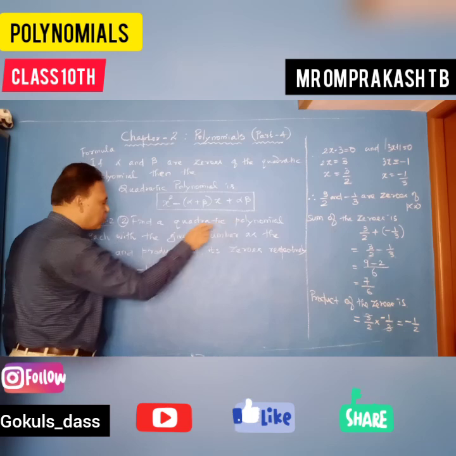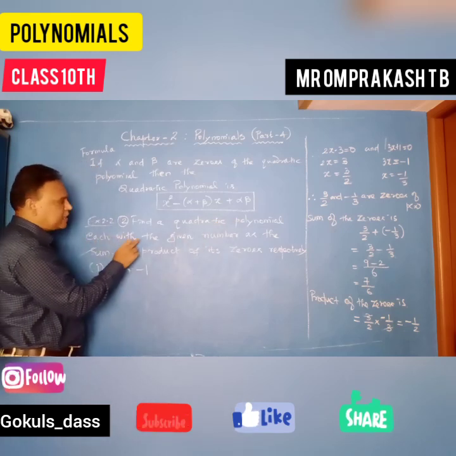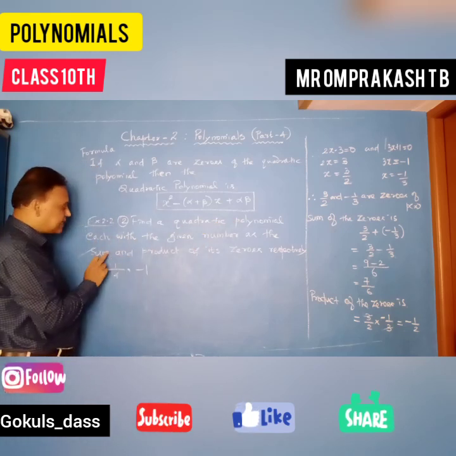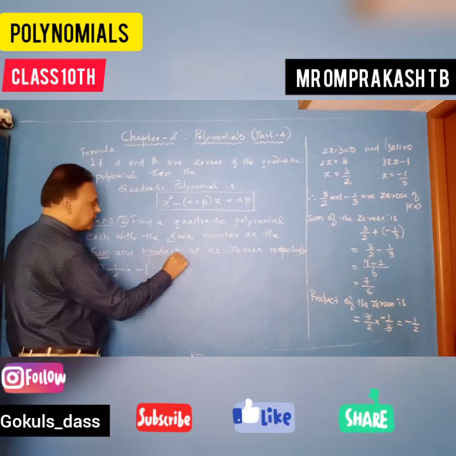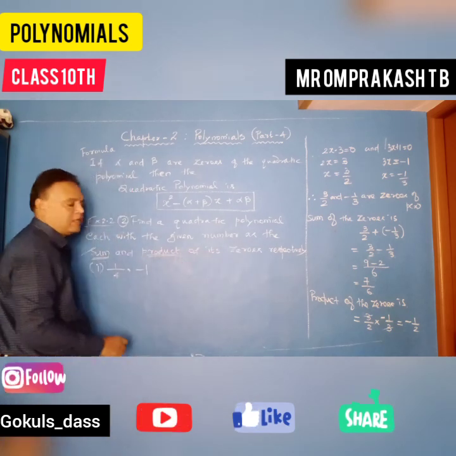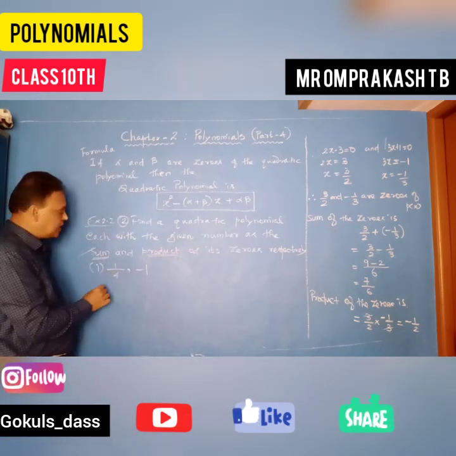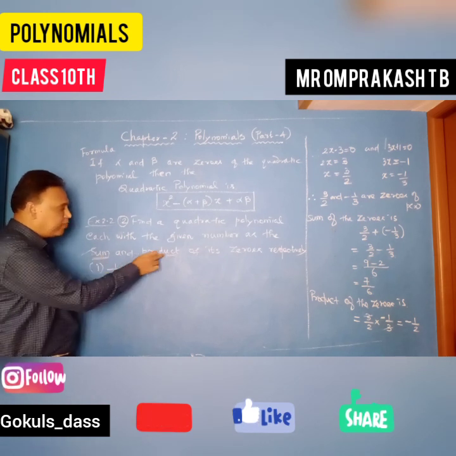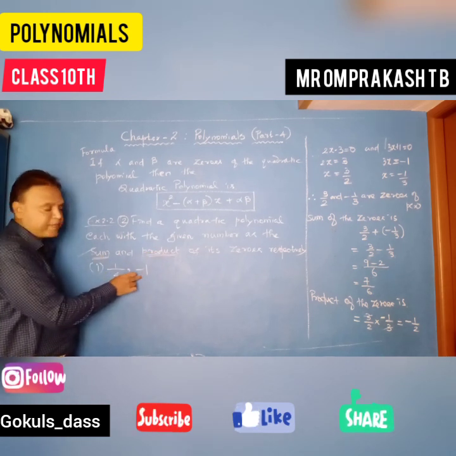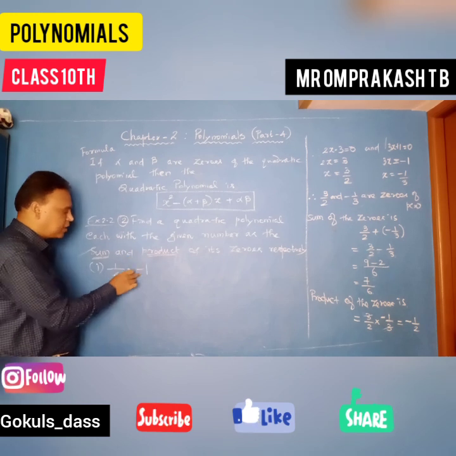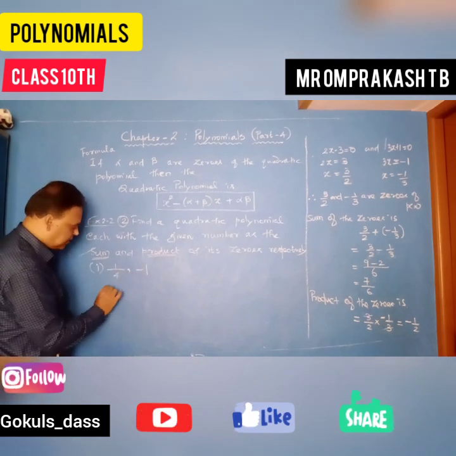Find a quadratic polynomial each with the given number as the sum and product of its zeros respectively. So that means the sum is given and the product is given. Remember, sum of the zeros given, product of the zeros given. So you write it. Solution.